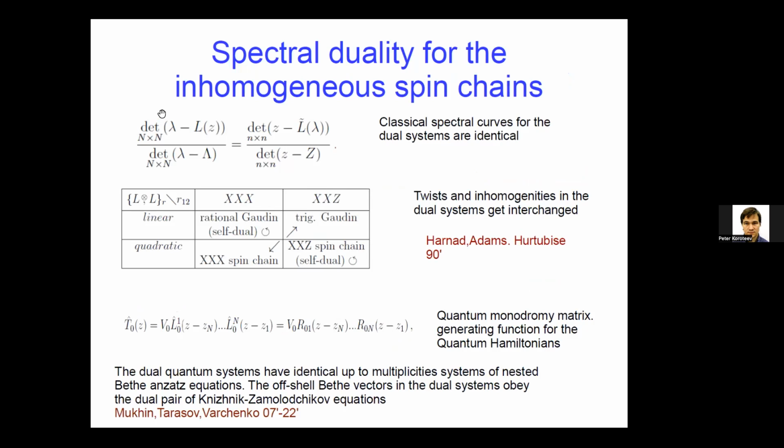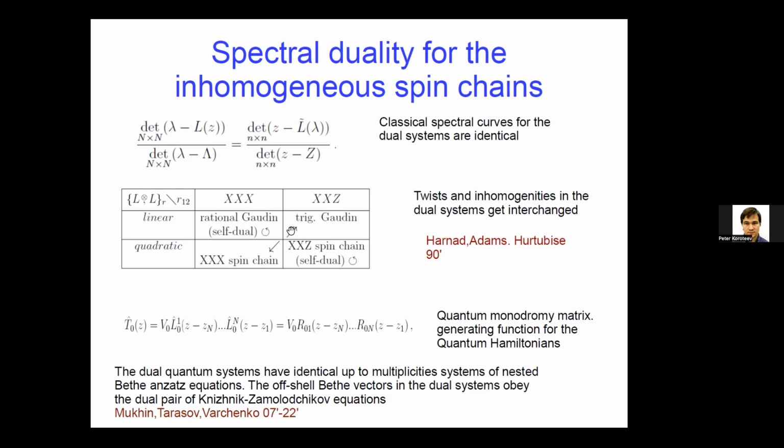Similarly, there is the same spectral duality on the spin chain side. Actually, it was invented by Harnad, Adams, and Hurtubise approximately at the same time as was done by Ruijsenaars for the Calogero-Moser system. In the language of Lax operators, the spectral duality for inhomogeneous spin chains is based on a very simple determinant identity. So we consider the determinant of N by N matrices for one system, where L is the Lax operator for the spin chain, and on the other hand, there is the dual system where the Lax operator has different dimension.